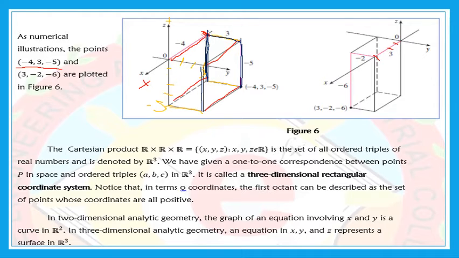So, mag-start kayo dito kay 3. Tingnan ninyo kung ano yung y coordinates natin. Since si y coordinate no class na negative 2, ibig sabihin, ito yung positive direction ni y-axis. And then, yung sa left side, yung negative direction ni y-axis.